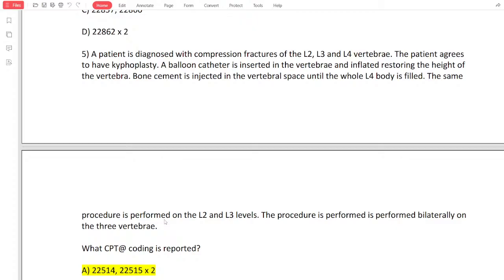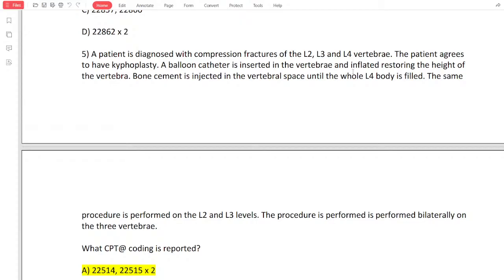Next is the fifth one. Also compression fracture related, L2, L3 and L4 vertebrae. The patient agrees to have kyphoplasty. A balloon catheter is inserted in the vertebrae and inflated, restoring the height of the vertebra.